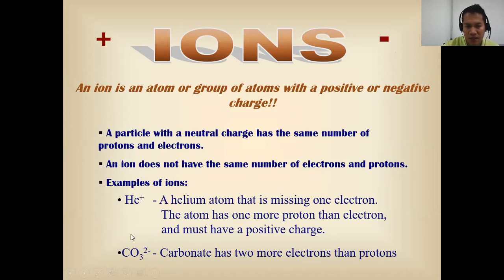So that means this here is an ion, okay? An ion. So when a compound or element has a positive charge or negative charge in it, that's what we call an ion. But ions have two types: cation and anion, positive charge ion and negative charge ion.